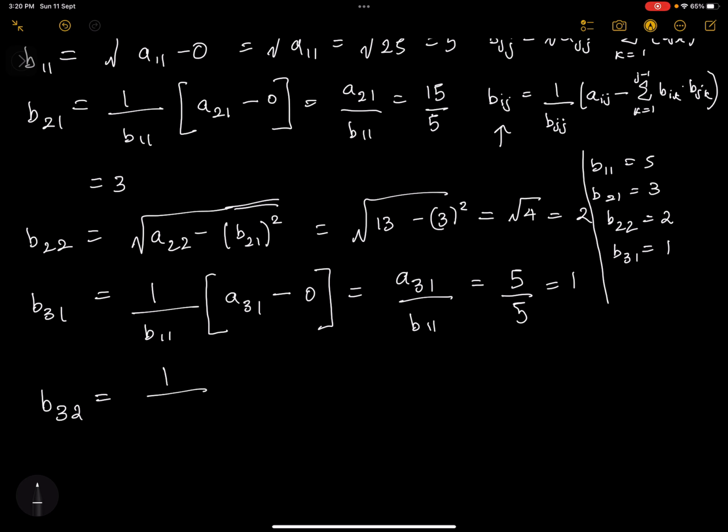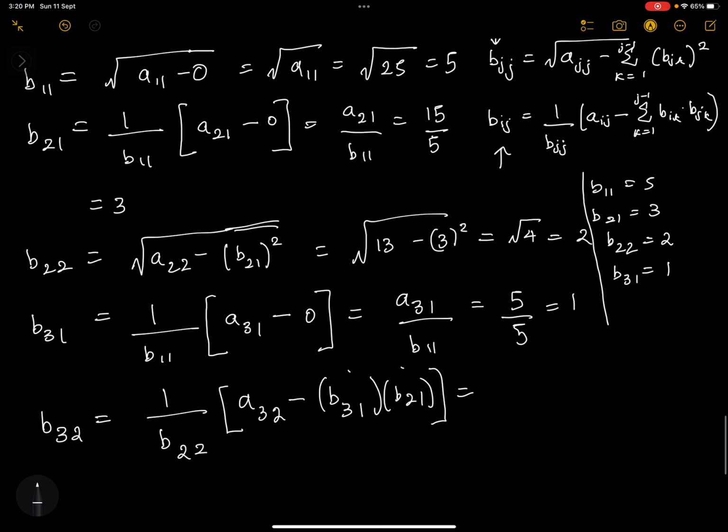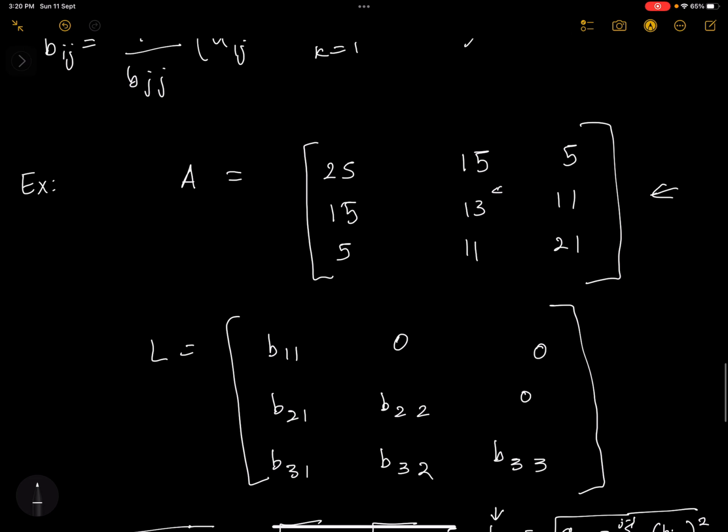We use the same formula, but this time it becomes 1 divided by b22 into a32 minus, since j is 2, j minus 1 is equal to 1, we will have b31 into b21. We have the value for b31 and b21 from before. a32 is something that we need to take from the matrix. a32 is 11, right? 3, 2.